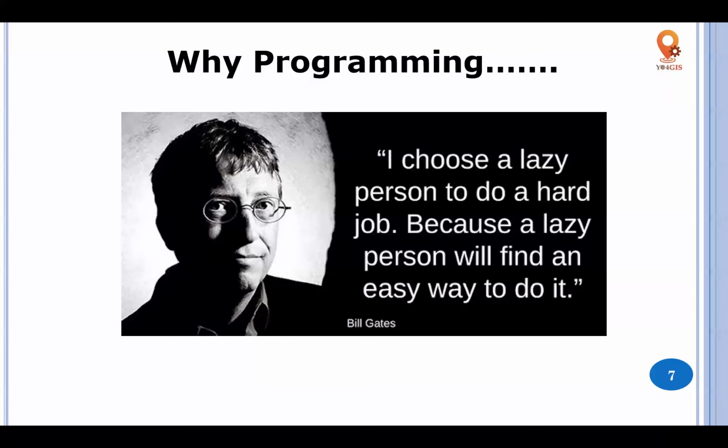So the lazy man is always trying to find the way to do the thing in the easy way. Let's suppose in one folder on your computer there are 1,000 photos.